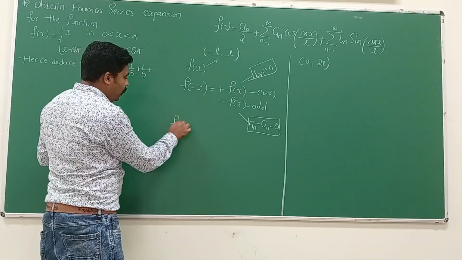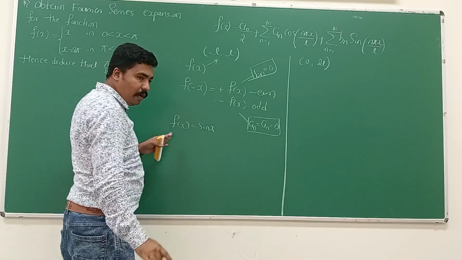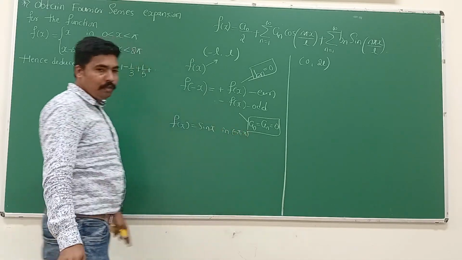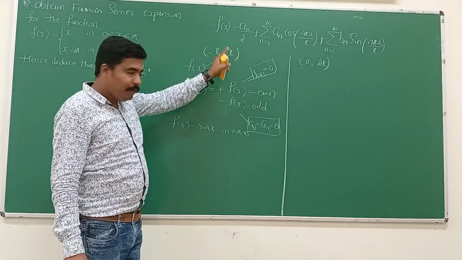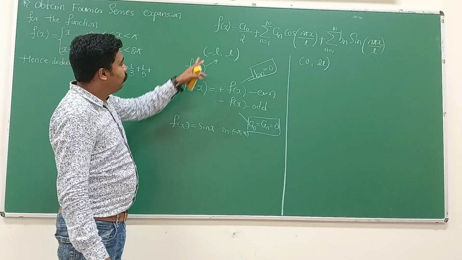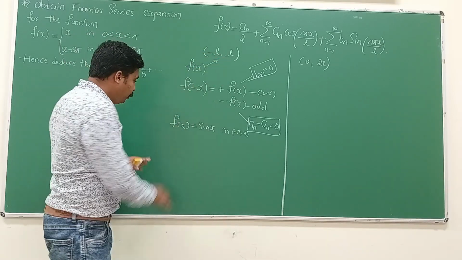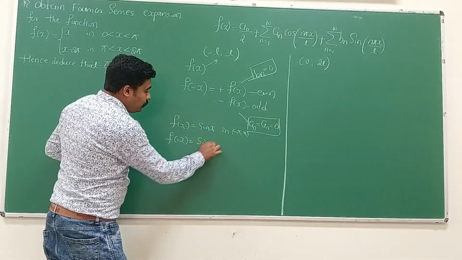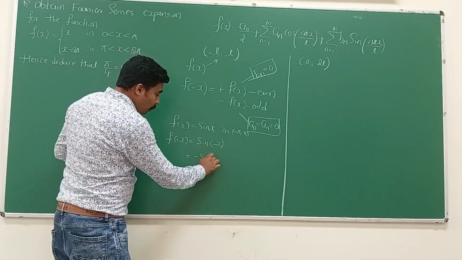Let f of x be defined as sin x in the interval minus pi to pi. On comparison, the L value is pi. We know how to find out even odd: when the function is defined in the form minus L to plus L, we replace x by minus x. Here, replacing x by minus x gives sin of minus x, which is minus sin x.